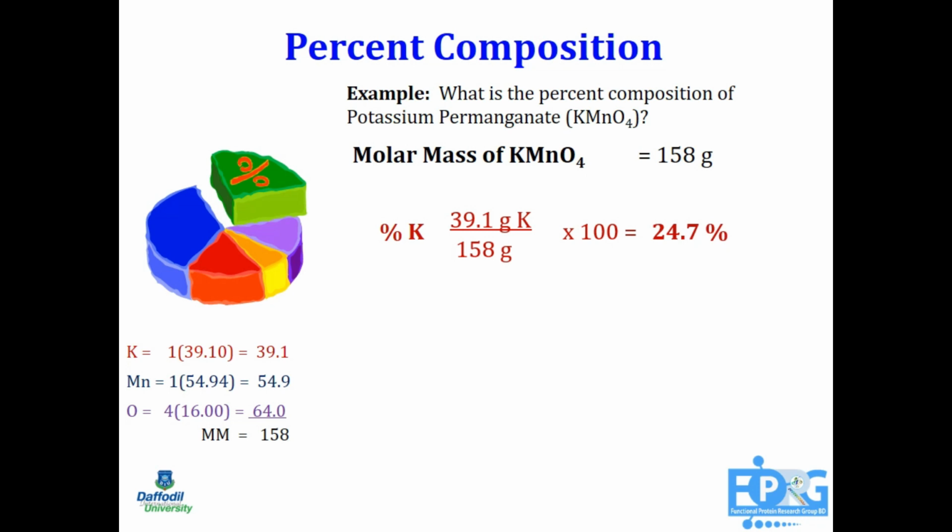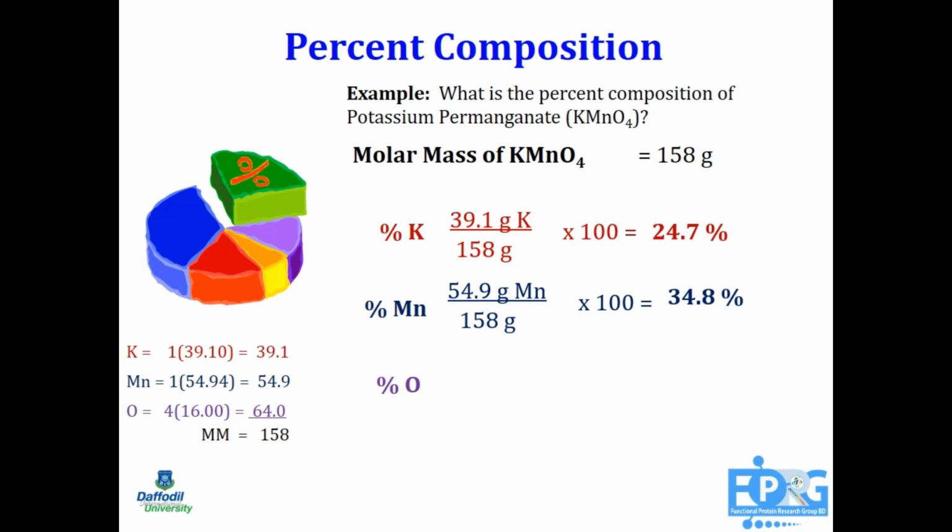At first we have to divide for percent composition of potassium, 39.1 of potassium divided by total weight of potassium permanganate 158 into 100. Then for manganese 54.9 gram divided by 158 into 100, and for oxygen 64.0 divided by 158 into 100.